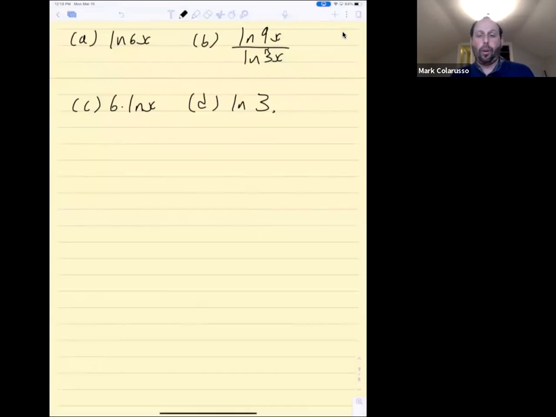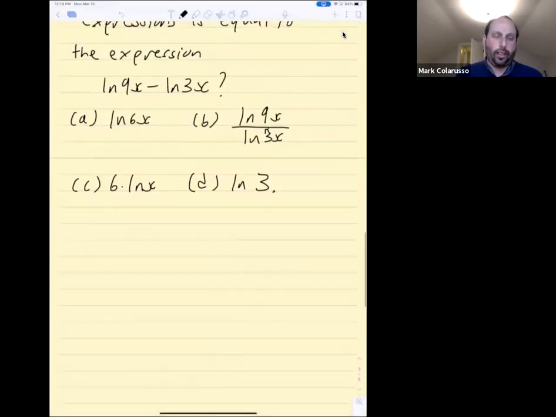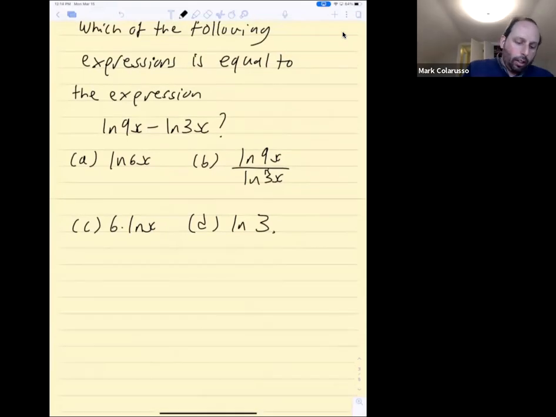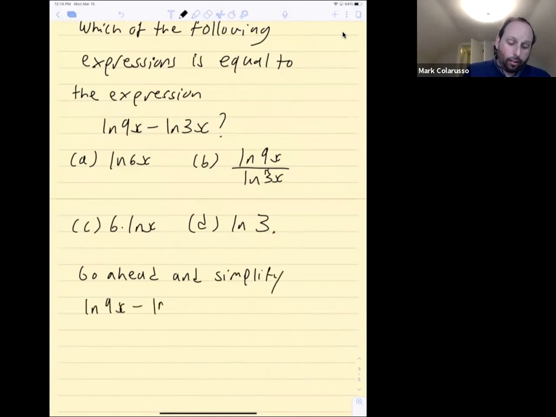What I would do for a problem like this is, instead of guessing at it, just go ahead and simplify this expression, ln 9x minus ln 3x, using properties of logs.